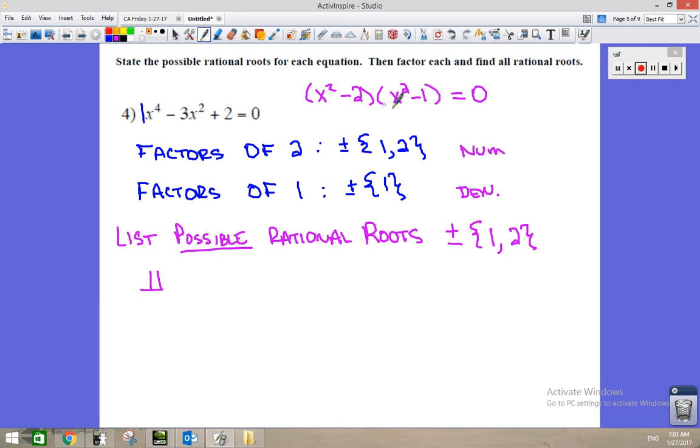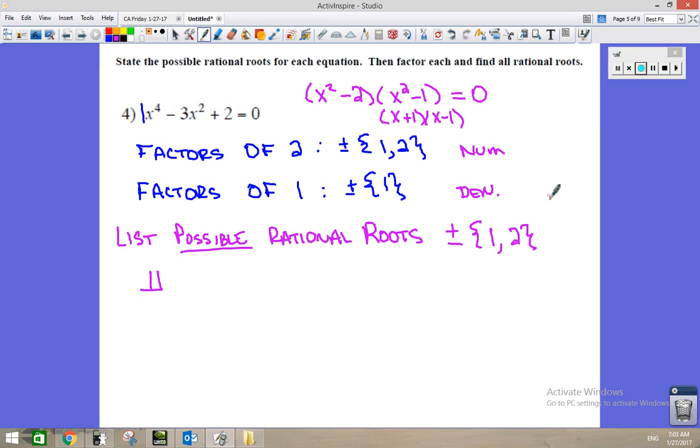And then this x squared minus 1 is going to factor to x plus 1 and x minus 1. So I know that the negative 1 and positive 1 are going to give me zeros there, because I can see it through the factoring.